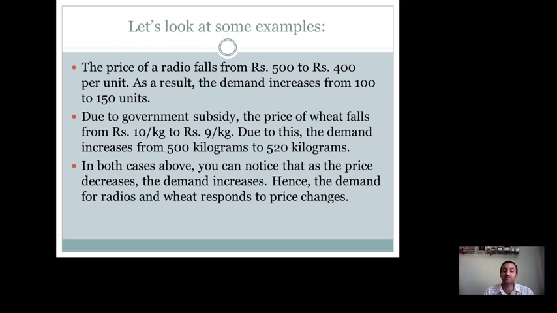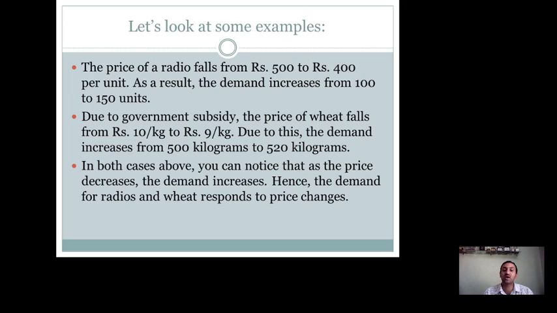Because of government subsidies, the rate was reduced to rupees 9. As the price is reduced by 1, the quantity demanded increased from 500 to 520 kilograms. So here the change in price is rupees 1 and the change in quantity demanded is 20 kilograms. So this relationship, how much change is happening, is calculated under elasticity of demand.